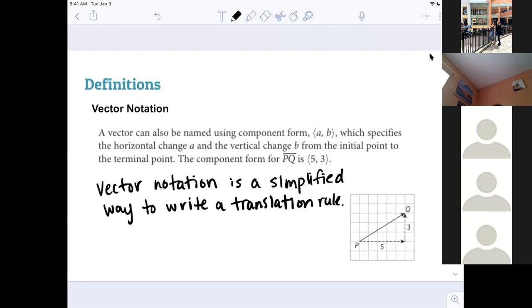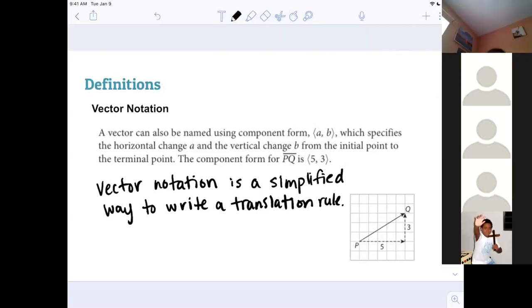So vector notation is a simplified way to write a translation rule. And here's an example.